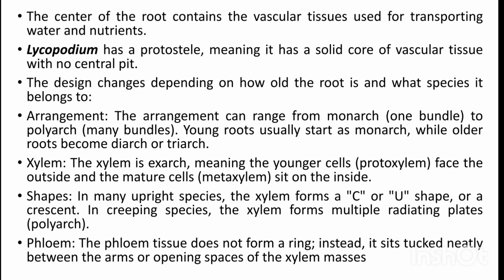Then xylem is exarch, meaning younger cells, or protoxylem, newly formed xylem, face outside and mature cells sit on the inside. Okay, shape: the xylem forms either a C or U shape, or a crescent shape.